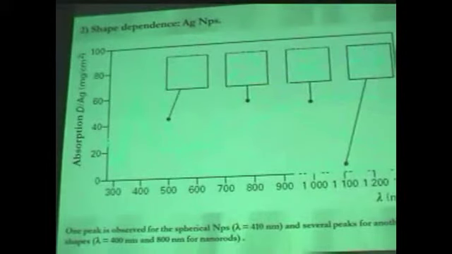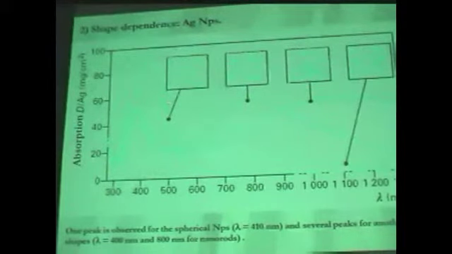Here, the second example concerns the shape dependence of the optical properties of silver nanoparticles. Only one peak is observed here for the spherical nanoparticles. This peak occurs at 410 nanometers, and for instance, for nanorods, we obtain two peaks at 400 and 800 nanometers. This is the spectra.